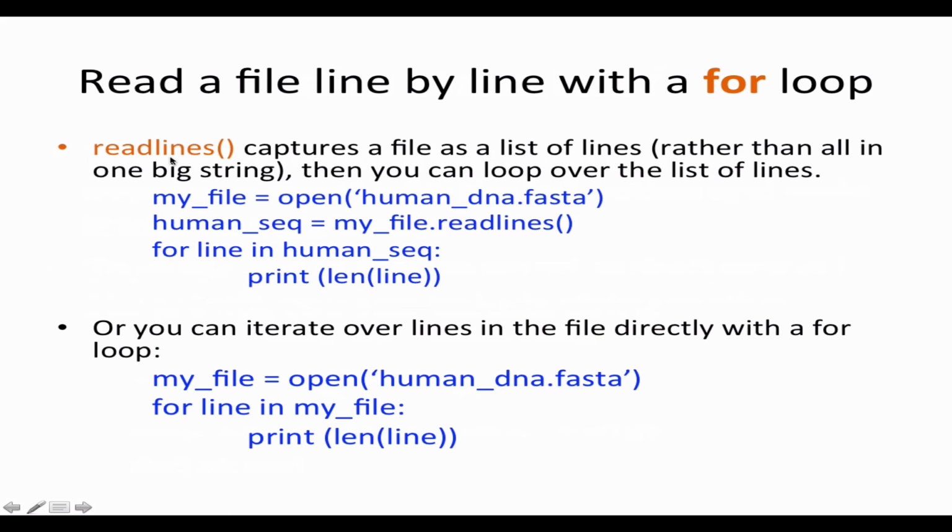So there's this function called readlines. It's plural, read lines, which captures a file as a list of lines rather than all in one big string. Then you could loop over the list of lines. So sometimes you want to separate the entries of your input file into a list according to the carriage returns of your input file.